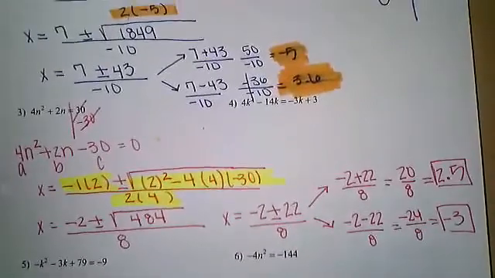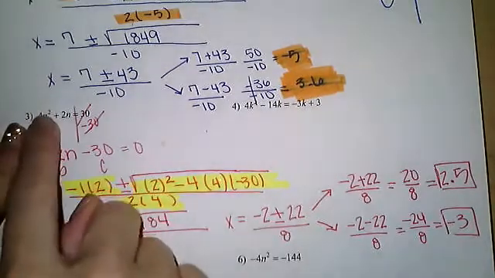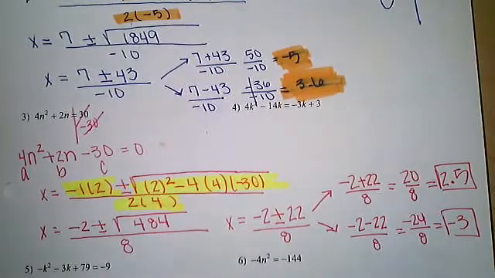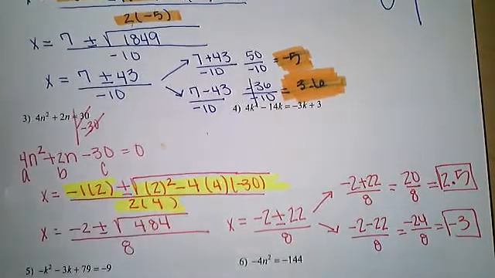These problems might kind of look like a lot, but the key factor or summary of this lesson is to set it equal to 0 by moving everything to the left where the x squared is positive, or whatever variable. If this is not positive, we'll talk about that in a second, but you can move everything to the right.